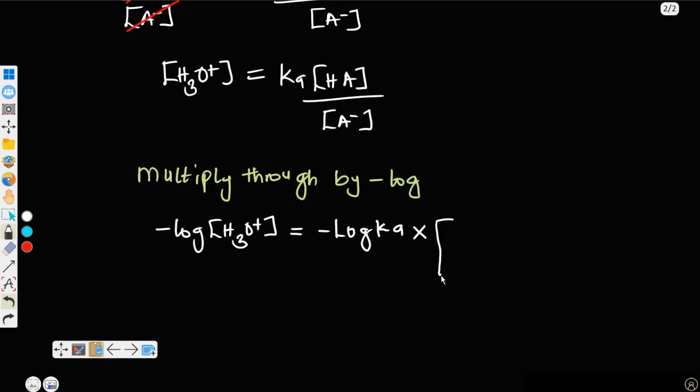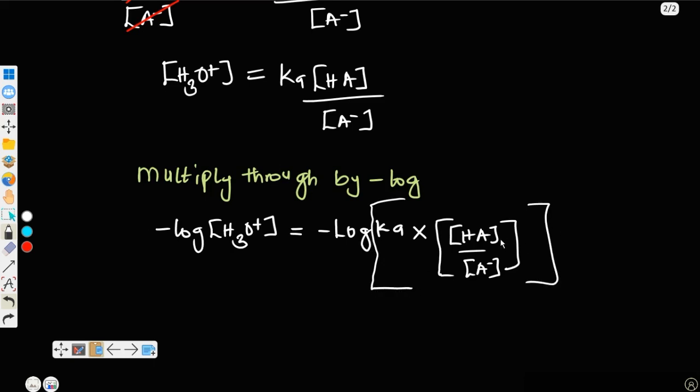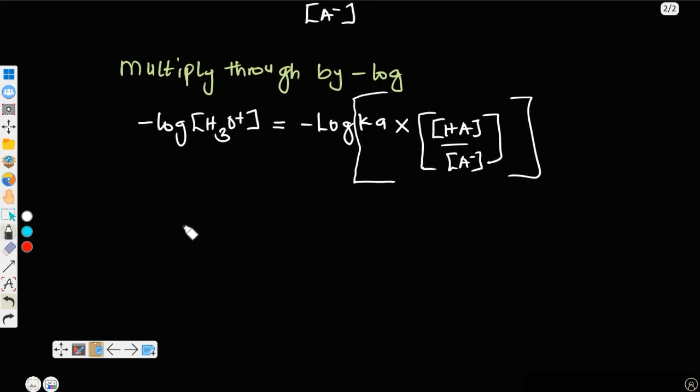Put these ones here in a bigger bracket and you say HA divided by A minus. Do you understand that? Good. Now that you've understood this step, the next thing we need to look at, note that this logarithm is also multiplying everything in this bracket. Now, at the end of the day, what are we now going to have?